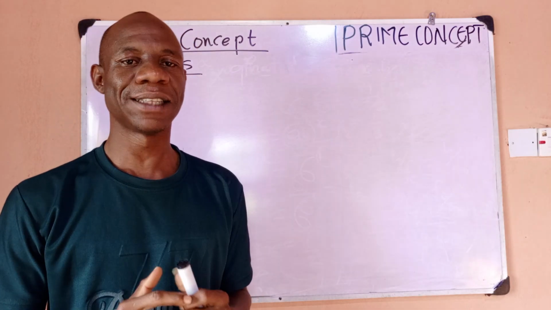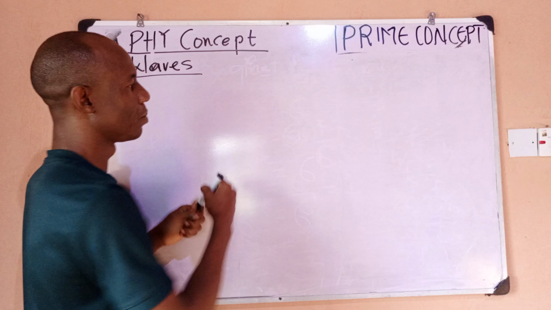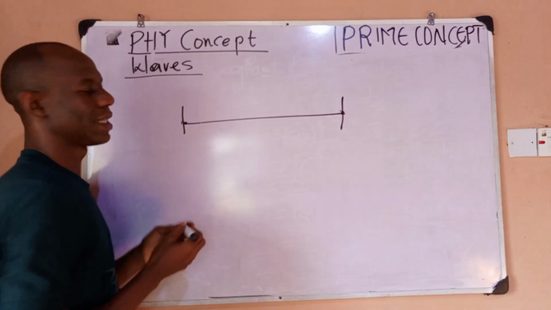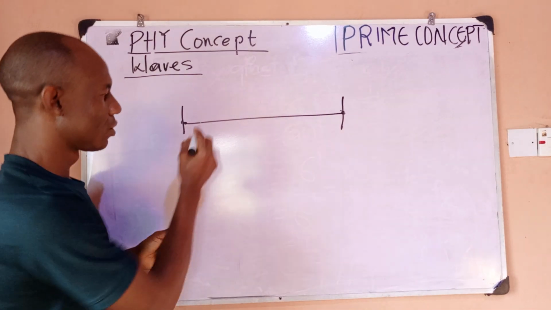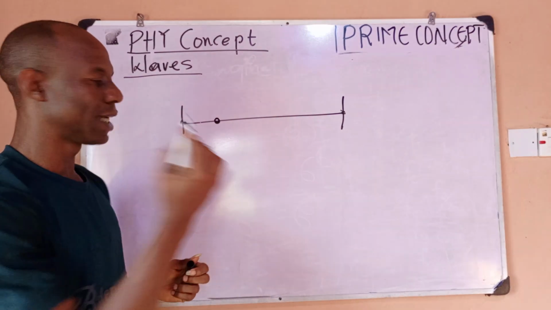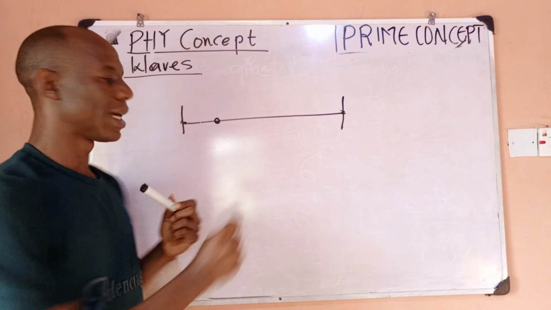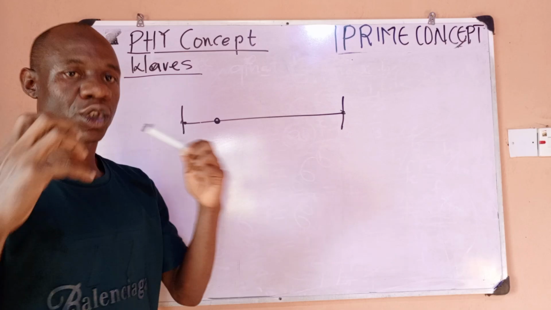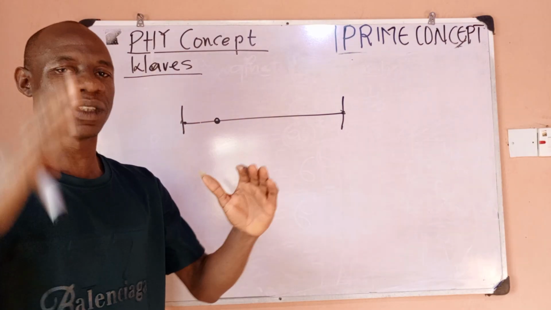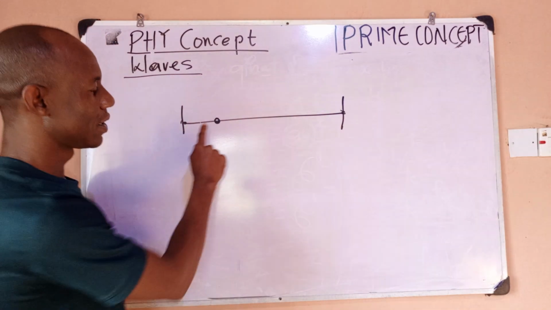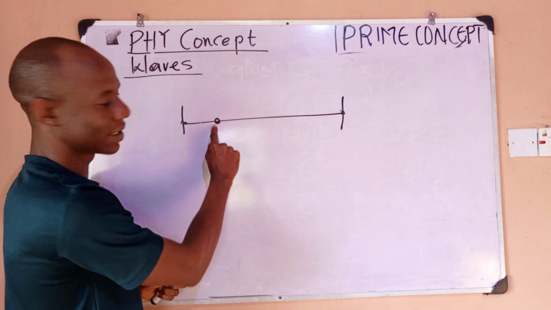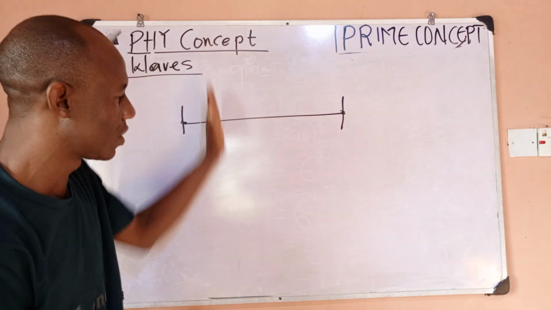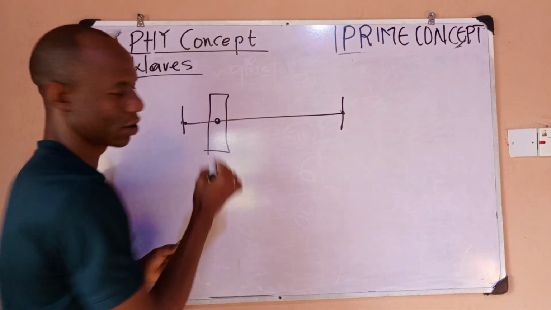Now, if you really want to understand this, bring a rope and tie one end to a wall. Mark a point on that rope with a marker, and then pluck the rope. You would notice that the rope vibrates. So what you have set up on that rope is what you know as a wave, a disturbance. You would notice that the particular point you marked moves just up and down, about a main position, right?